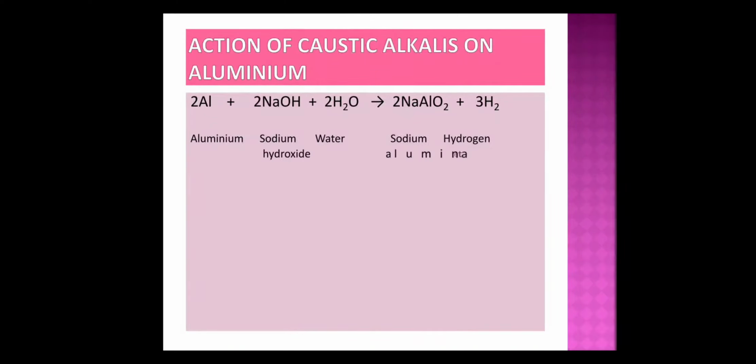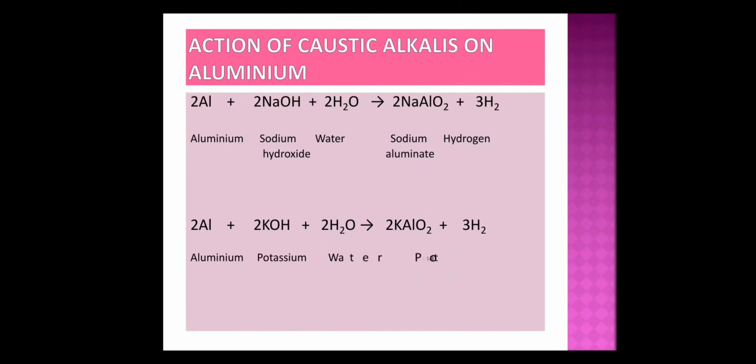When aluminium reacts with potassium hydroxide, here also we need water. In this case we get potassium aluminate and hydrogen. So aluminium reacts with sodium or potassium hydroxide and water to give us respectively either sodium aluminate or potassium aluminate and hydrogen gas.